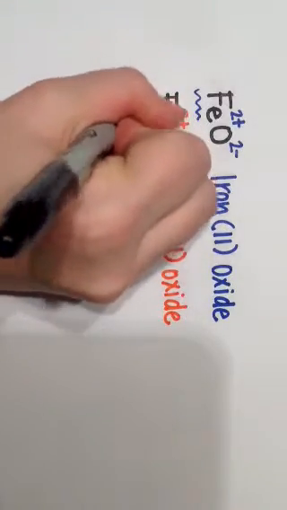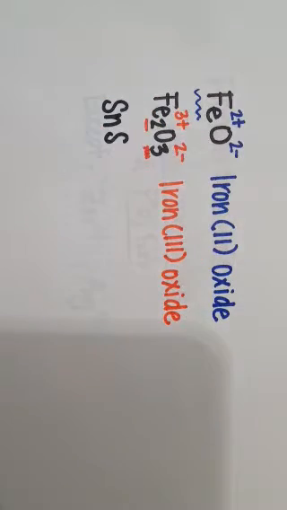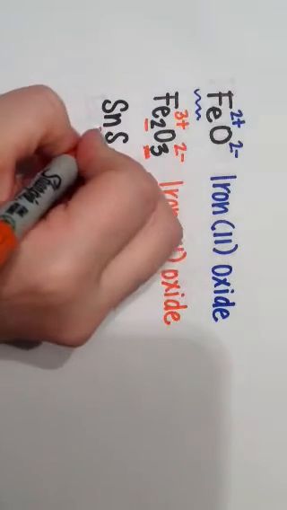All right, let's look at a few more. Let's say we had SnS. Again, this is tin. Tin is not a transition metal, but it is one that will require Roman numerals. The first thing we do is look and see if there are any subscripts present. No subscripts present, so we have to look up sulfur's oxidation number.